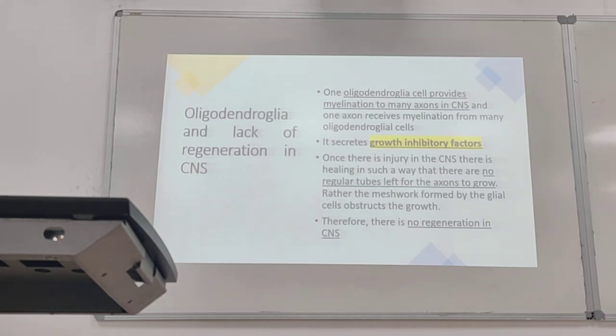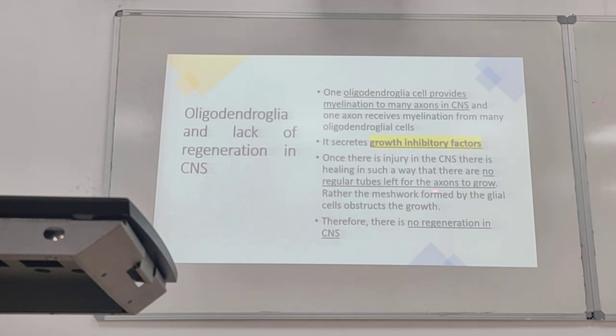In the central nervous system, as I told you, and for the last time I might go to that diagram, the oligodendroglia provides myelination to many axons, and one axon receives myelination from many oligodendroglia. They secrete a special thing called growth inhibitory factor.